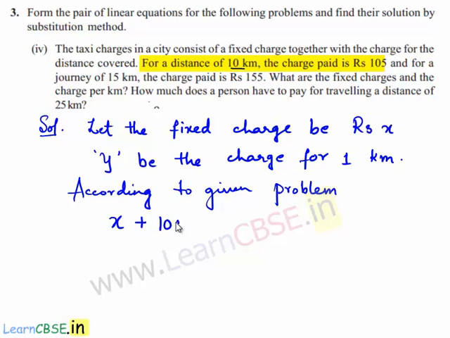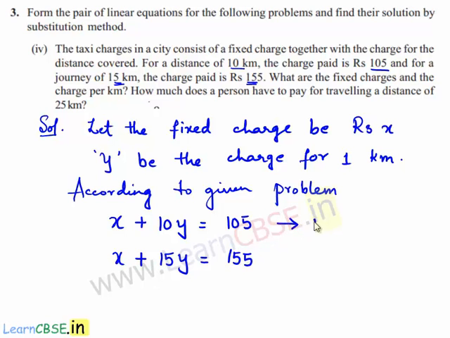So X plus 10Y is equal to rupees 105. And in the second case, fixed charge is rupees X plus, here the journey is 15 kilometers, so we can write 15Y. This is equal to, charge paid was rupees 155. So this be equation number 1 and this is equation number 2.